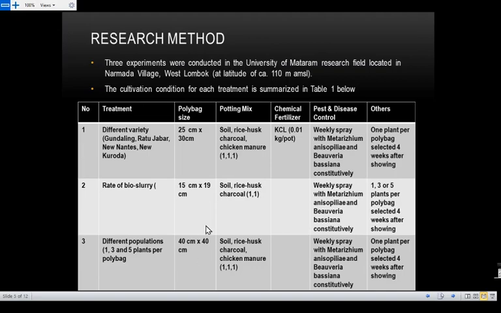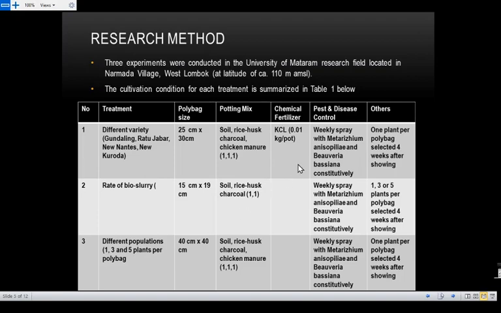The potting mix used in experiments 1 and 3 is soil, rice husk charcoal, and chicken manure, 1 by 1 by 1, while in experiment 2 it is soil and rice husk charcoal, 1 by 1.